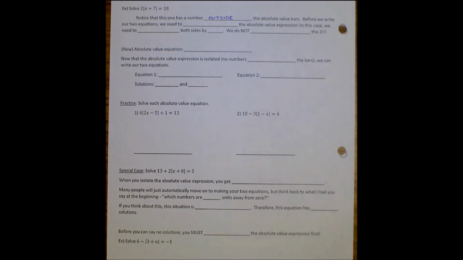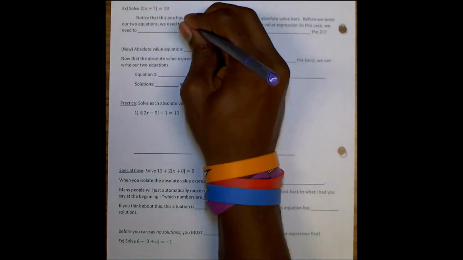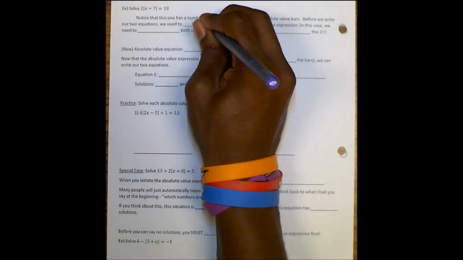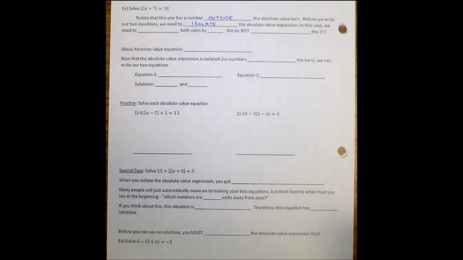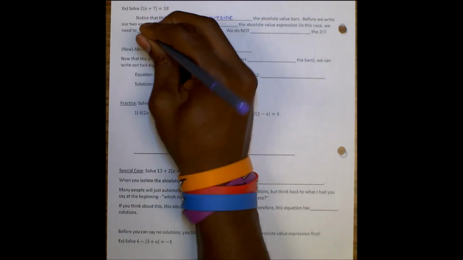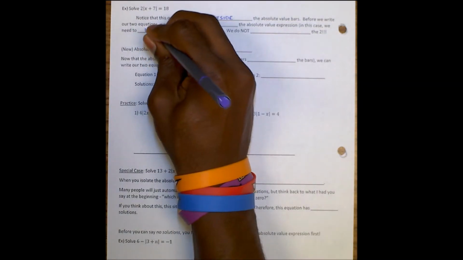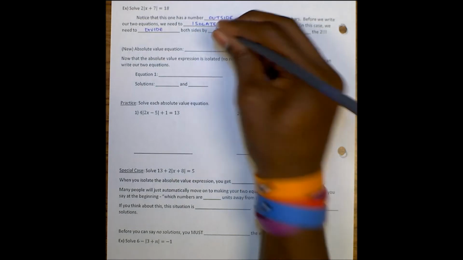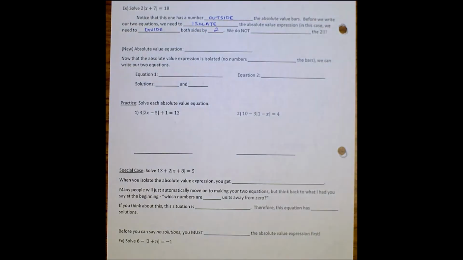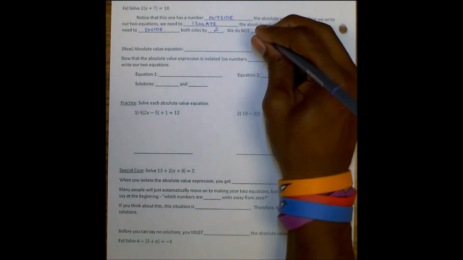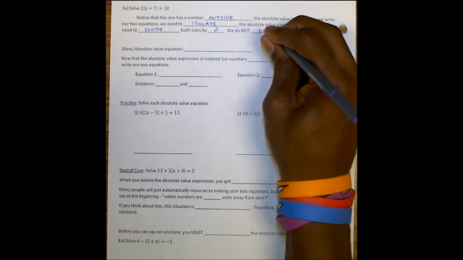What that means in this case is we need to divide both sides by 2. That 2 right outside the absolute value bar means it's multiplying. To get rid of it, we divide. We do not distribute the 2. Do not distribute inside absolute value bars.